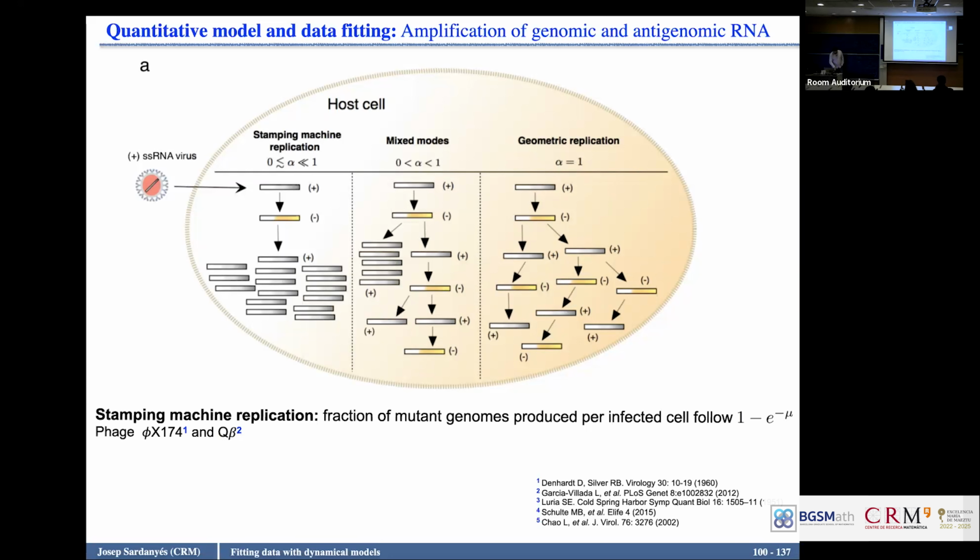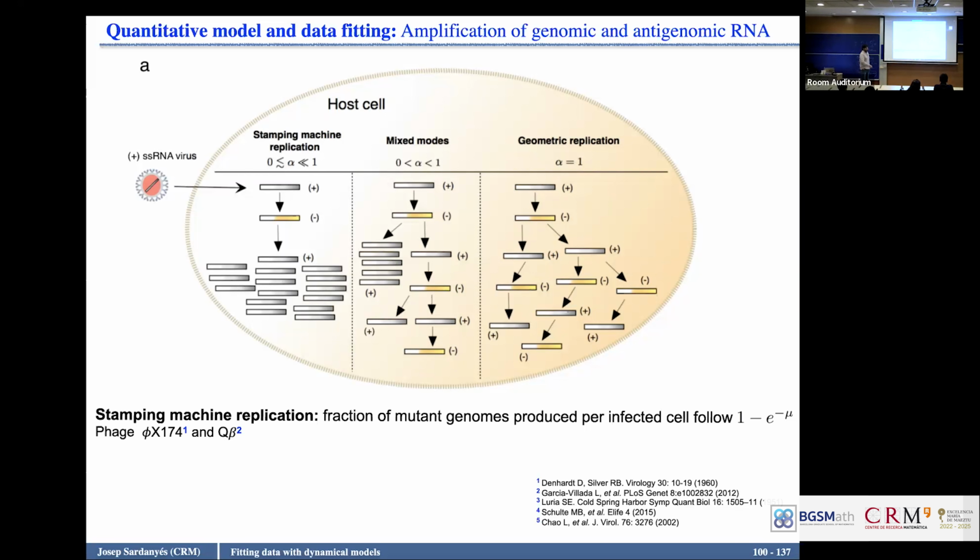So these are the works. These are from the 60s and even earlier from the 50s, the famous works by Lydia. And this is when the sequencing of genomes was working. What they did is to compute the fraction of mutants produced in infected cells. These are some bacteriophages.